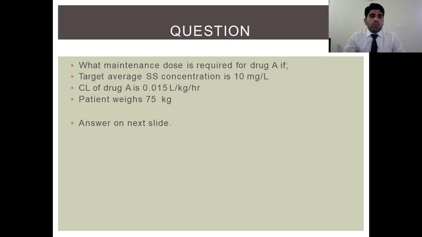The problem is: what maintenance dose is required for drug A if we have to achieve the same concentration as in the previous question, 10 mg per liter, with the clearance given. The clearance of drug A is 0.015 liters per kg per hour, and the patient weight is again 75 kg.